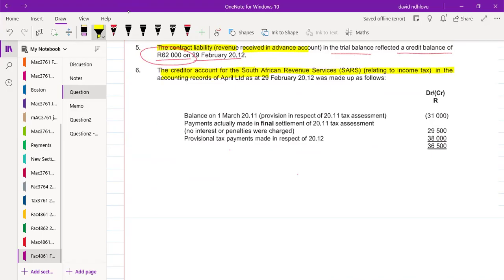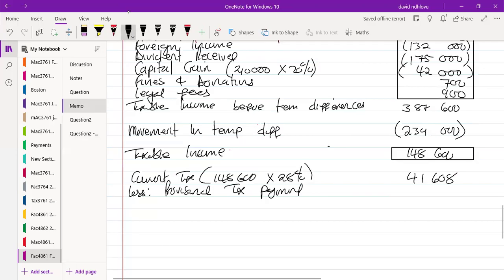Then we are saying provisional tax payment in respect of 2012, 38,000. So what it means, we have already made payments of 38,000 here. Therefore, what is payable to SARS is the difference. So 41,608 minus 38,000, we need to pay SARS that amount of 3,608.